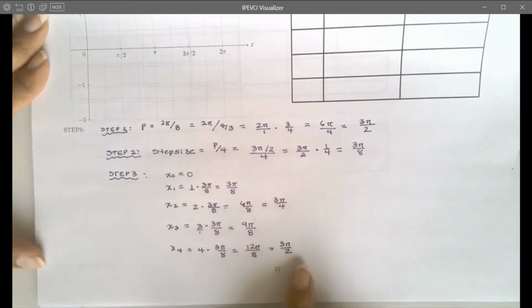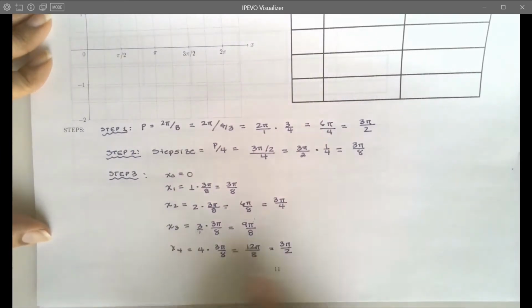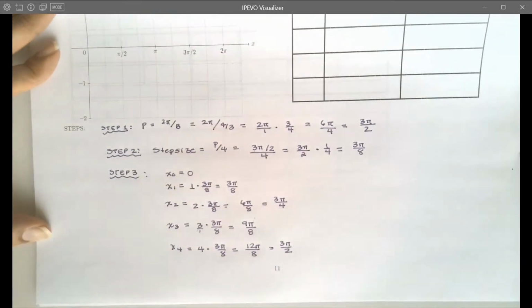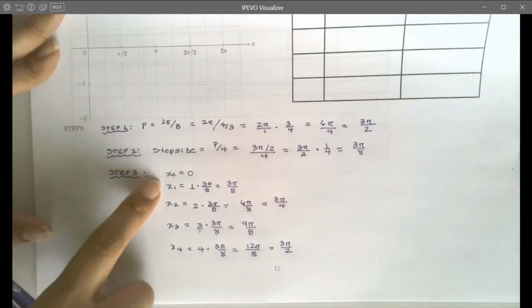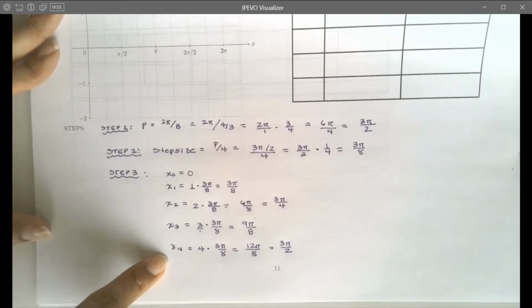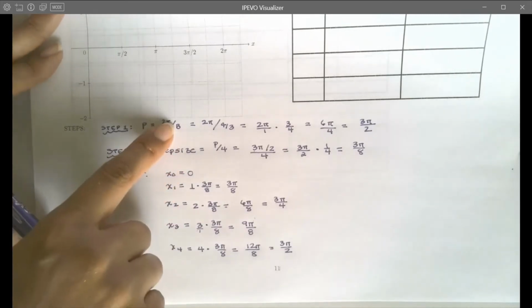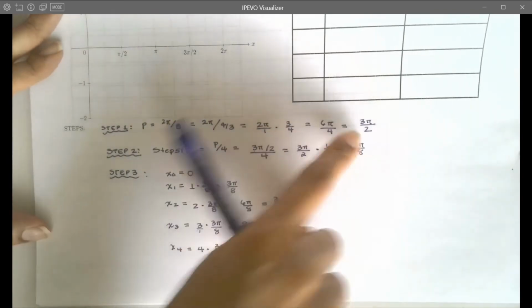And notice here the last x value is agreeing with the period, and that's usually a good sign. That means that we're on the right track because we are trying to complete one cycle and finding the quarter of the cycle. So these are all the quarters, and the last quarter should agree with one full cycle, which is given by the period.